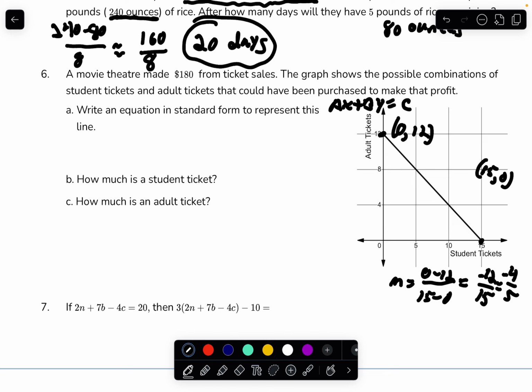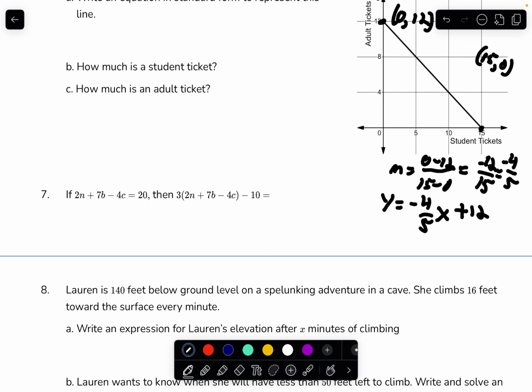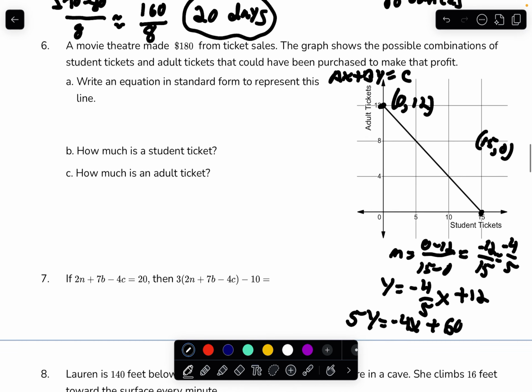We found the slope, so we could write this equation as y equals negative 4 fifths x plus 12. Now what we're going to need to do is multiply both sides by 5, and we get 5y equals negative 4x plus 60. Add 4x to get the x and y on the same side, and you'll end up with 4x plus 5y equals 60. And that's the equation in standard form.